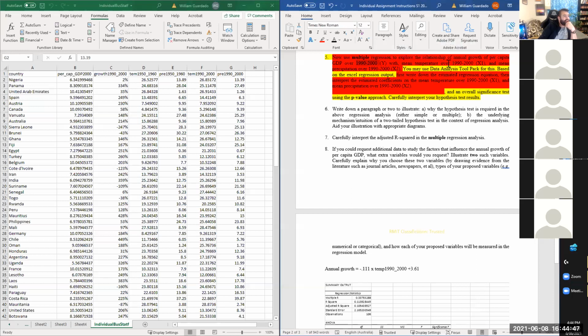Is that how you would word it? Yes, but you should all word it differently. So it's just very simple. It decreases by this amount, your annual growth GDP, whatever it is.